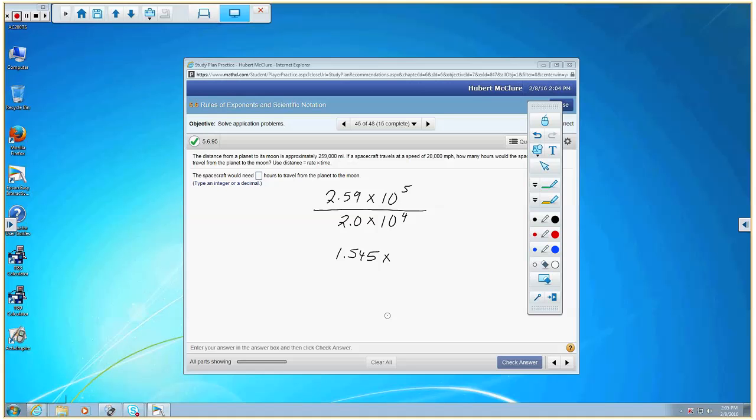Okay, let's take your calculators out. What's 2.59 divided by 2? 1.295. Okay, I'm way off. I did 1.50 in my head instead of 1.25. My bad. Help me get these decimals done first. 1.295.